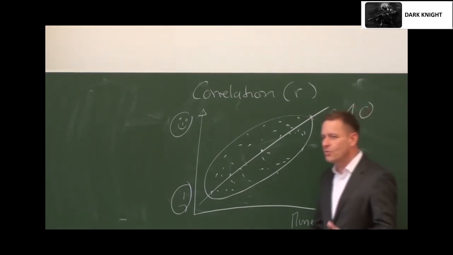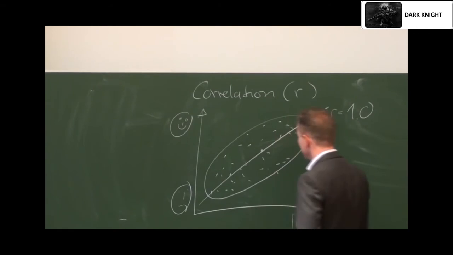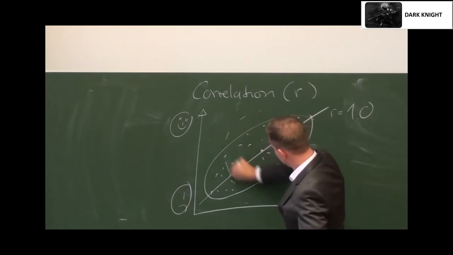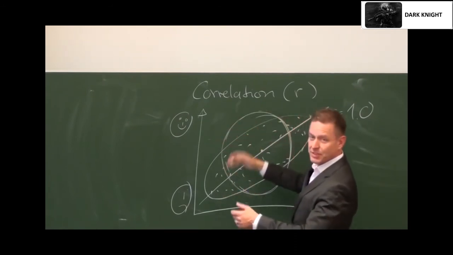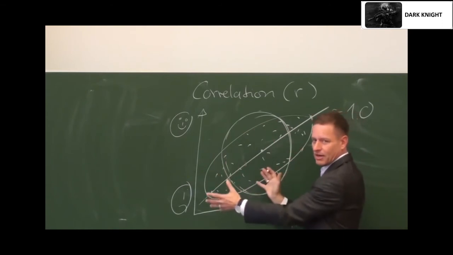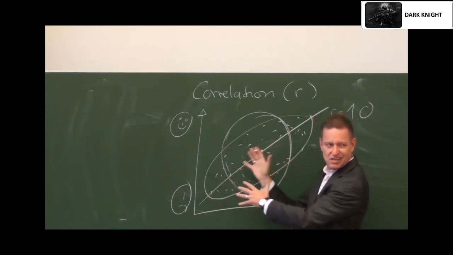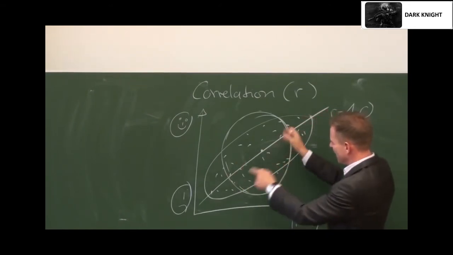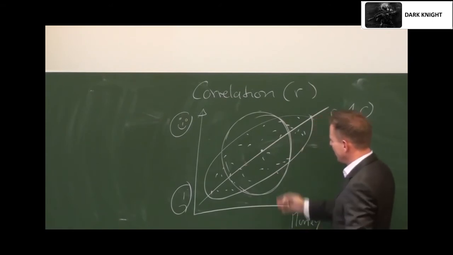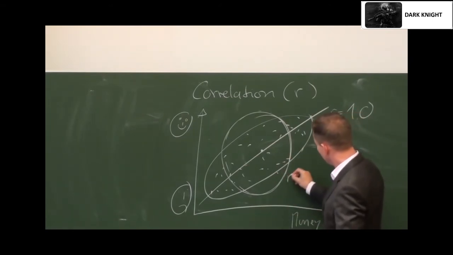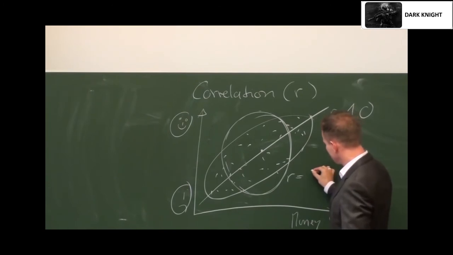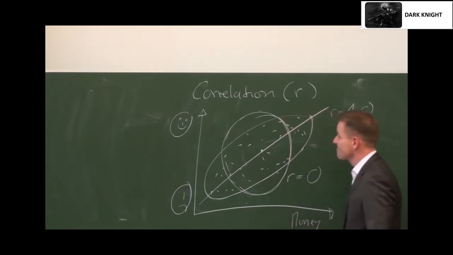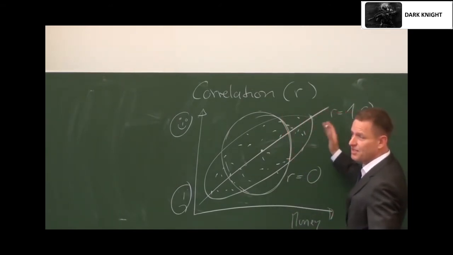If there would be no relation at all, how would this cloud look like? Yes, the dots would be spread around the middle somehow. No direction, nothing, no relation at all. Yeah. Just a randomized cloud of dots. If this would be the case, correlation would be, yes, 0. Okay? In practice, we hardly get a correlation of 1.